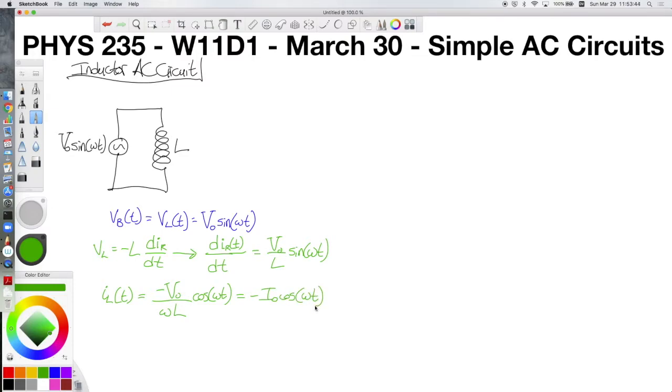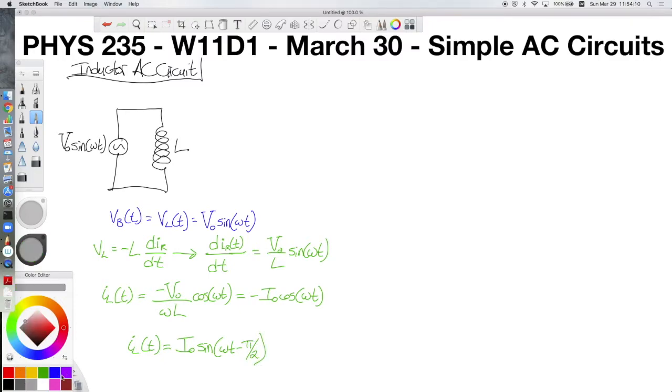And then again, we want to write this as a phase-shifted cosine. So for the current through the inductor as a function of time, well, if a positive cosine was a pi over 2 phase shift, then a negative cosine is going to be a negative pi over 2 phase shift. So this becomes I naught times sine of omega t minus pi over 2 radians.